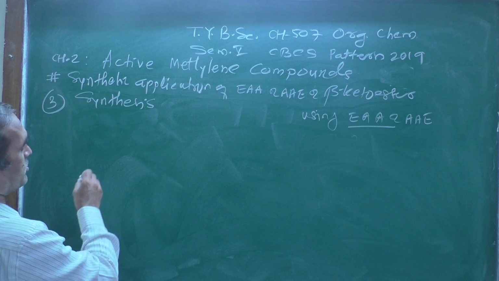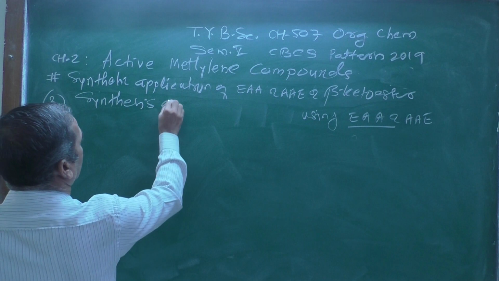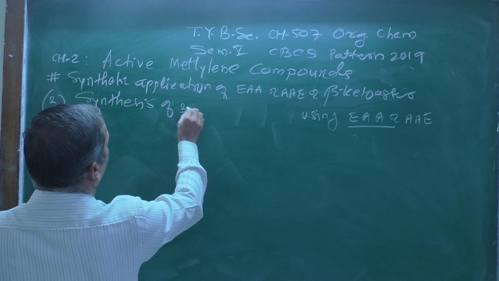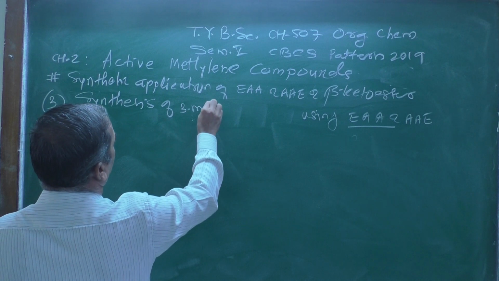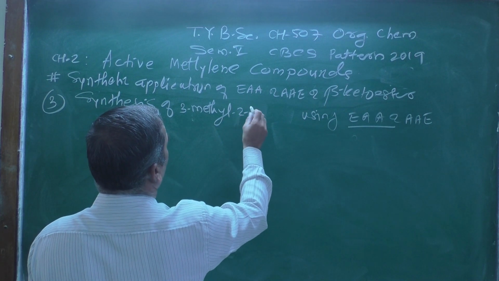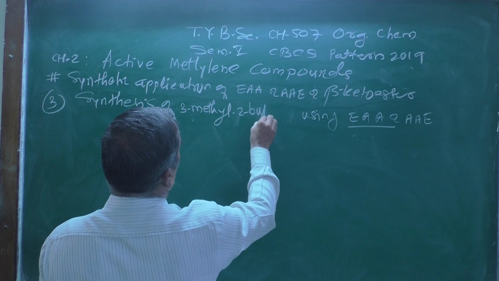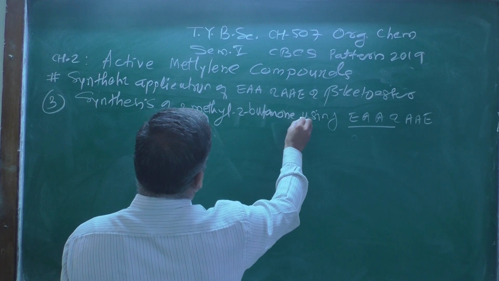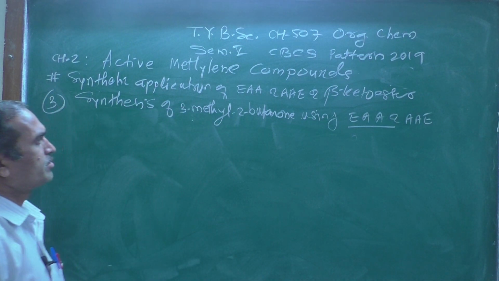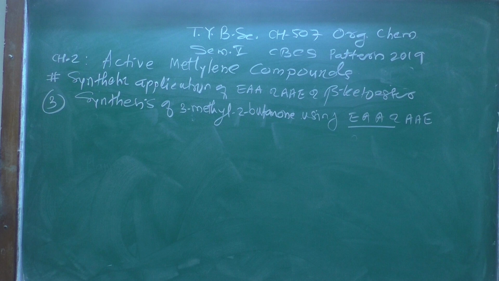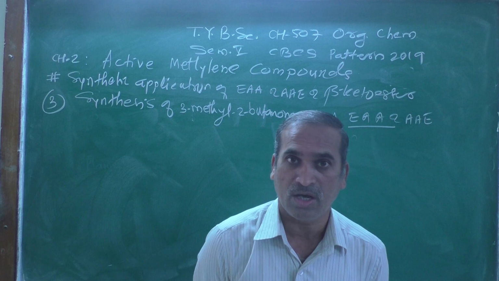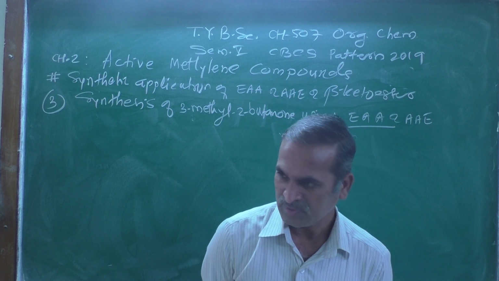Now see here, synthesis of 3-methyl-2-butanone using ethyl acetoacetate or acetoacetic ester.